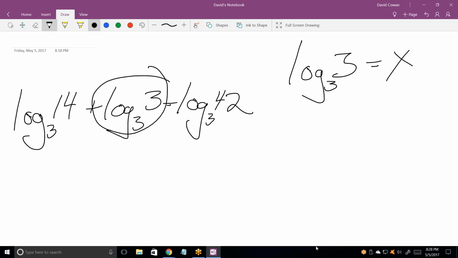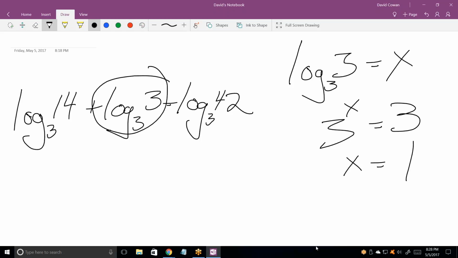Now convert it to exponential format. So that'll be 3 to the x equals 3. What's x? X equals 1, right?